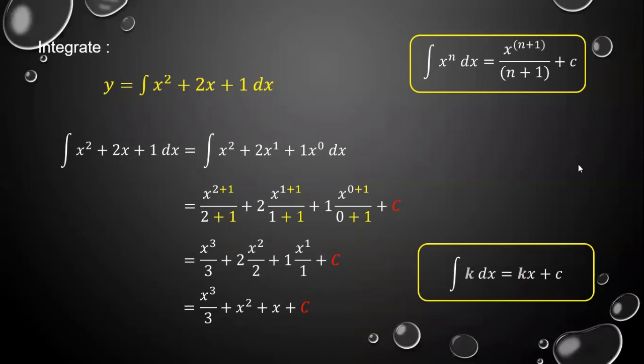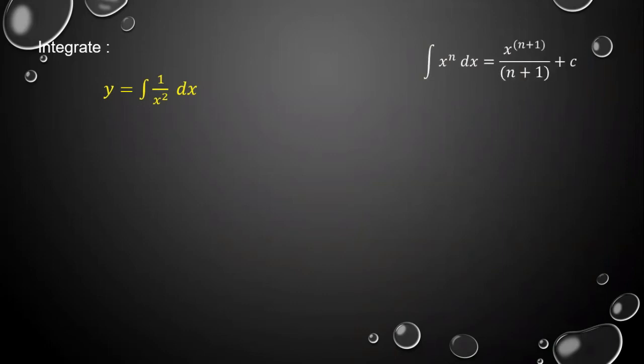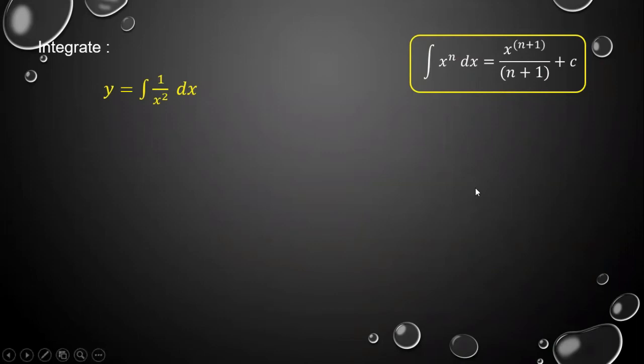Okay, students, I give you the next example. Integrate y equals integral 1 over x squared dx. Once again, this is the concept of the integration. Integral of x to the power n dx equals x to the power n raised by 1 over the power raised by 1 plus c.